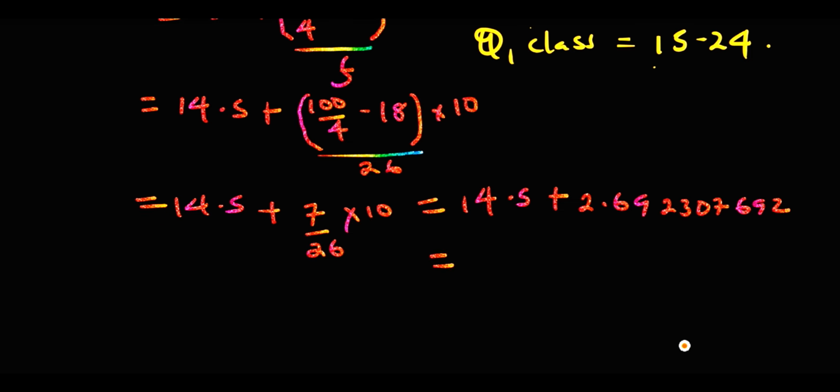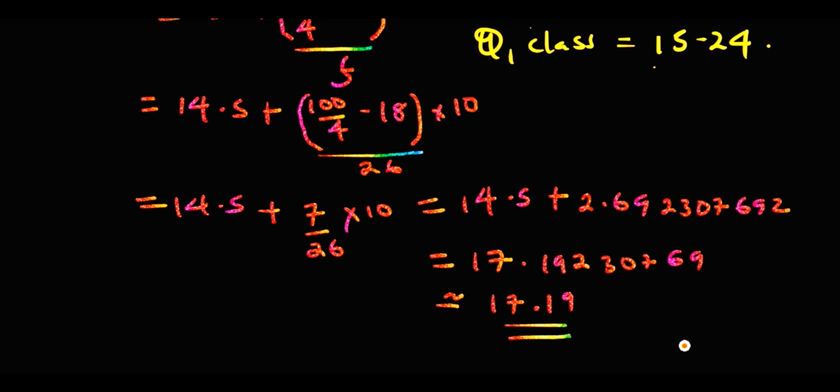So when you calculate that, you're going to have 17.19230769. So this is approximately, in two decimal places, 17.19 as the Q1 or the lower quartile of this data.